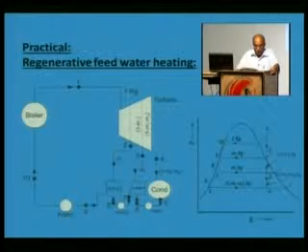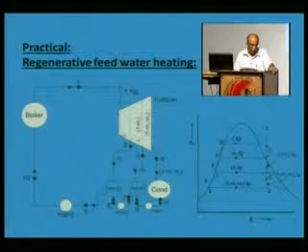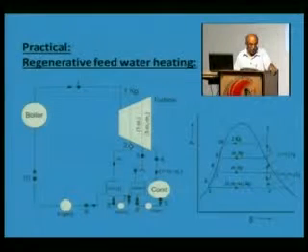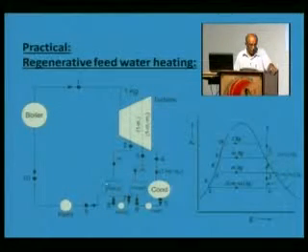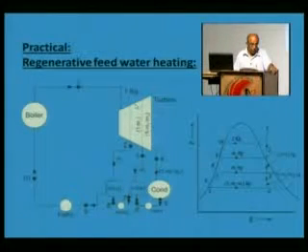feed water heating. In this, instead of passing water through the steam turbine casing, some quantity of steam is bled, it is being extracted at various points during the expansion process, and this steam is used for heating the feed water in stages as shown here. Steam enters here in the turbine, it expands partially from point 1 to 2.